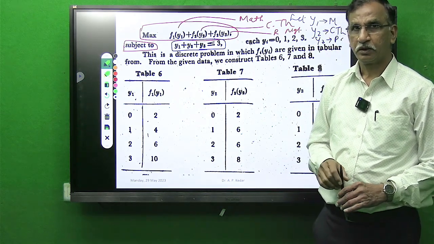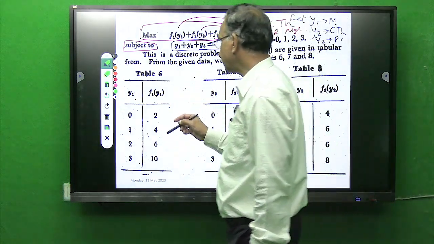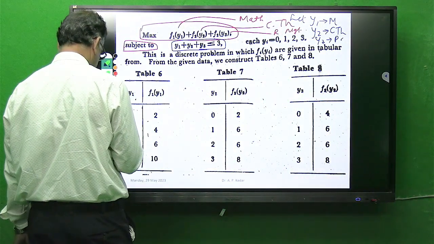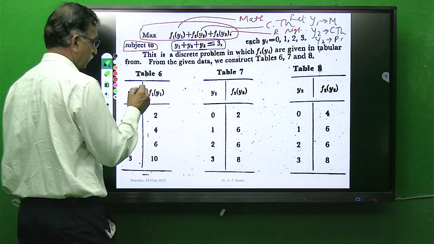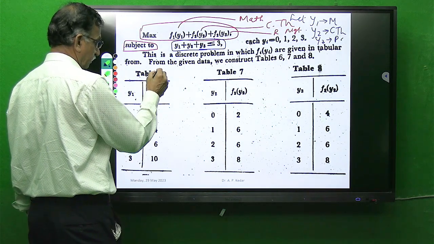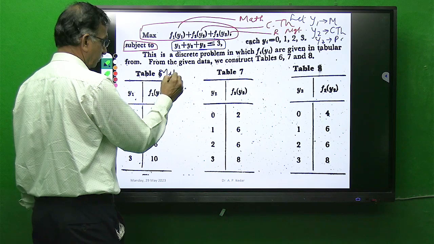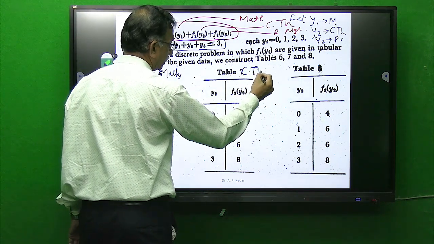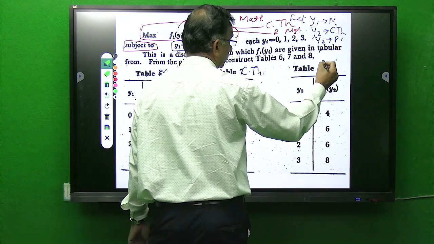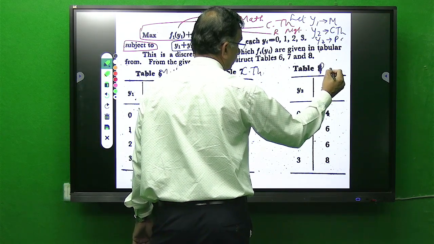That's final. Now these tables are very important. This is the table for maths, this is the table for circuit theory, and this is the table for principles of management.